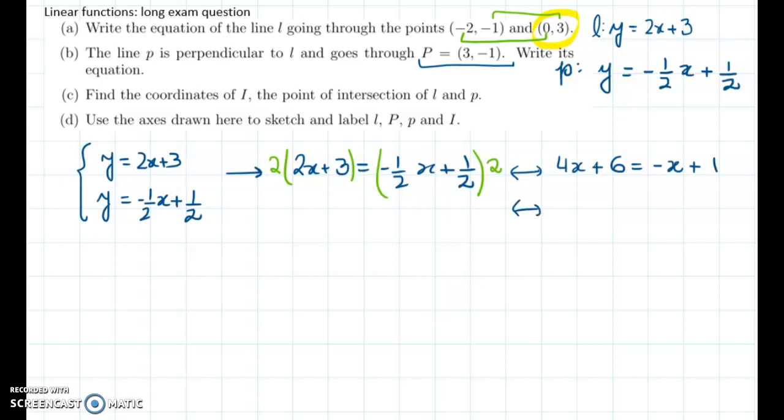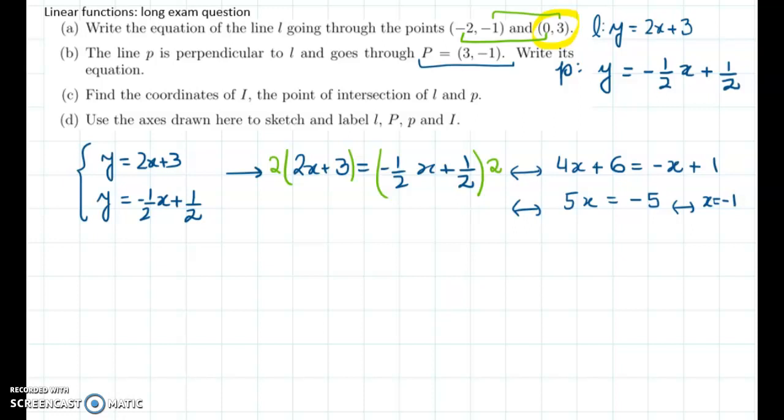This means that we want 5x to be equal to -5. I added x on each side and subtracted 6 on each side. So that means that our value of x is -1.